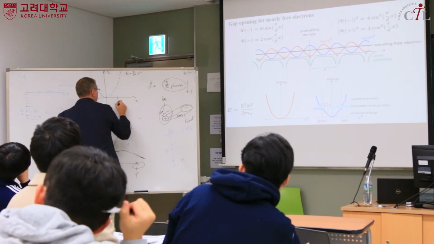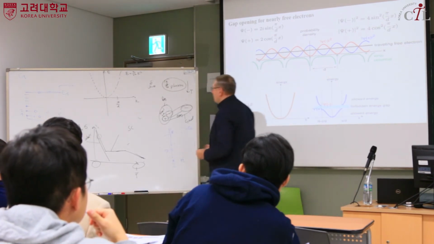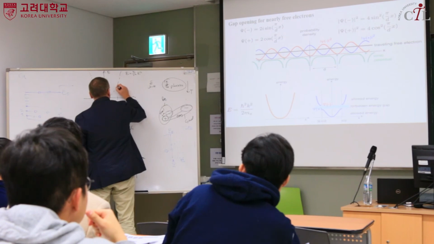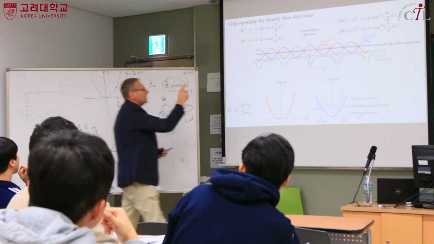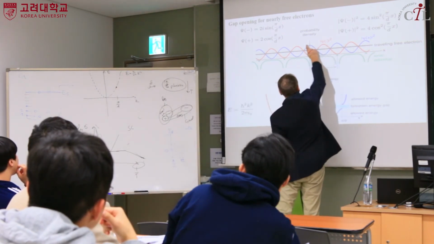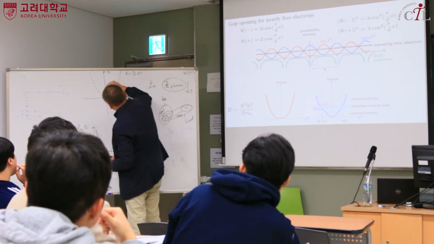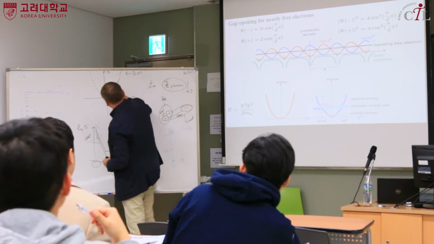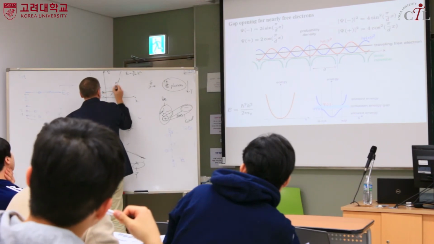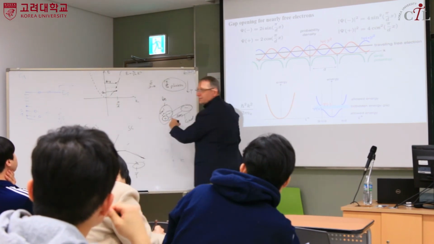In the points pi over d, this is exactly the point that we talked about. So here we have diffraction. And because we have two different distances between charges, instead of having one energy point here, we actually get two energy points for exactly the same k. One is low and the other is big. Exactly what I drew here.